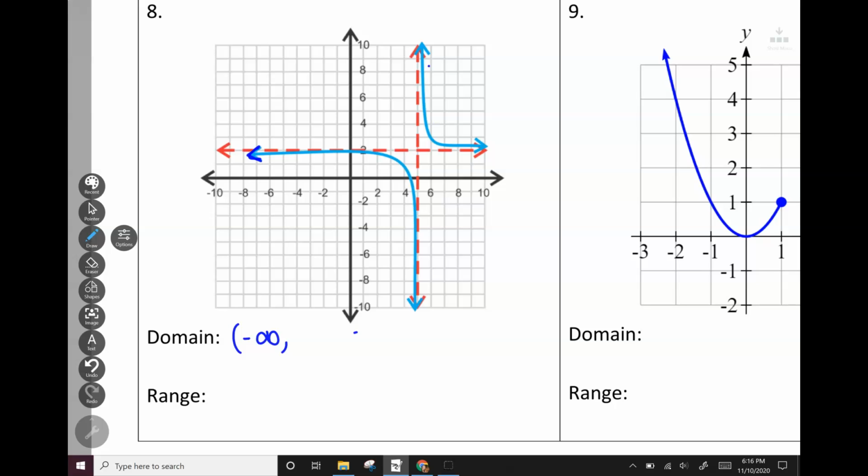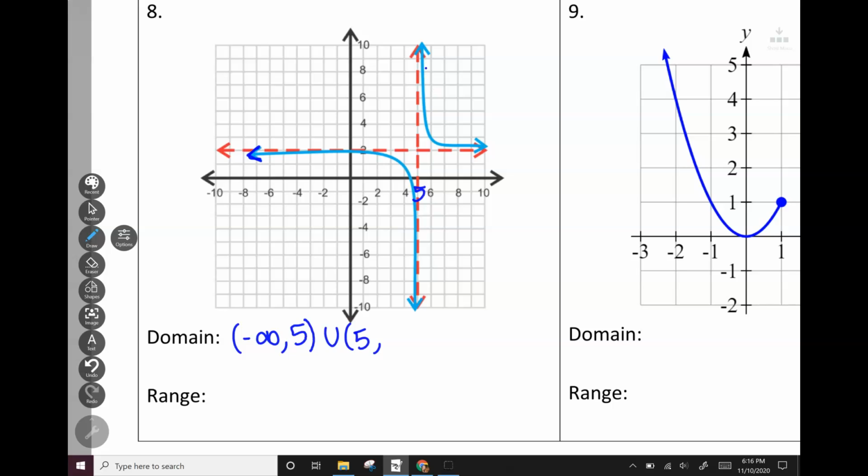Both of these blue lines, they go up to the red line, but they don't actually touch it or cross it. So for that reason, you're going to have to exclude 5 from the domain. So up to 5, parentheses, union, 5, and then it goes on.